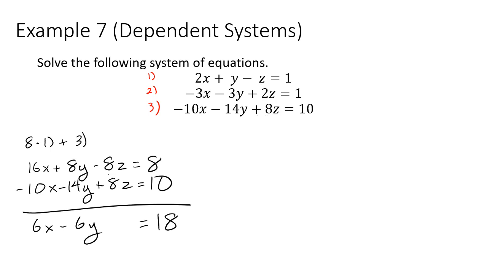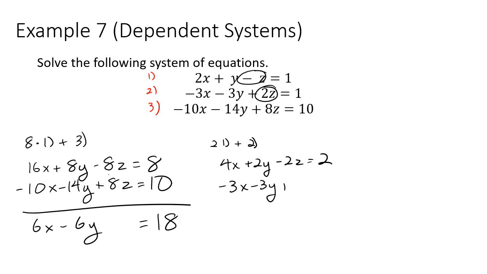And so now I need another pair of equations to eliminate z from. How about 1 and 2? So I'm going to do 2 times the top equation and add it to the middle equation. Double the top equation will give me 4x plus 2y minus 2z is equal to 2. Middle equation I'm just going to copy.